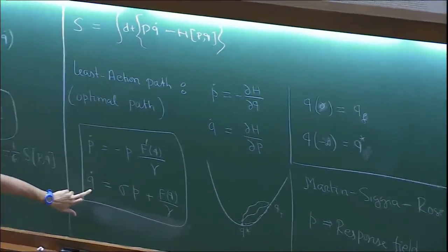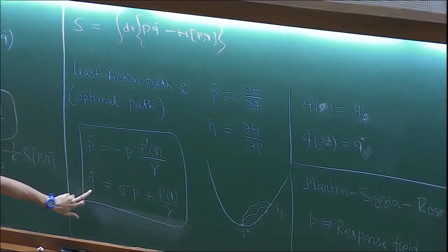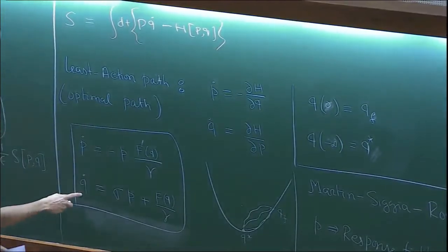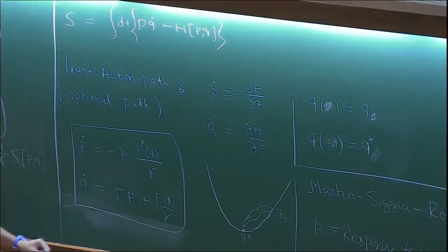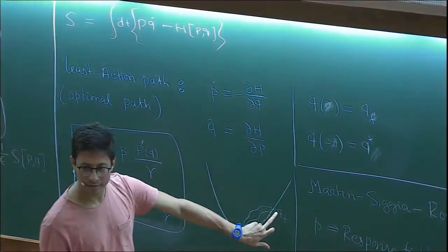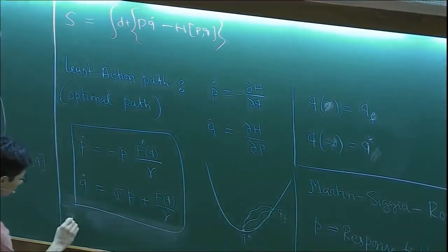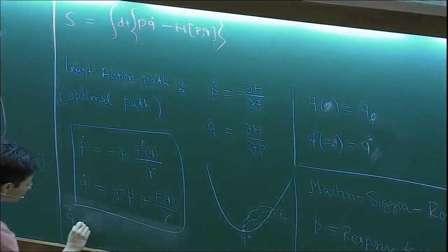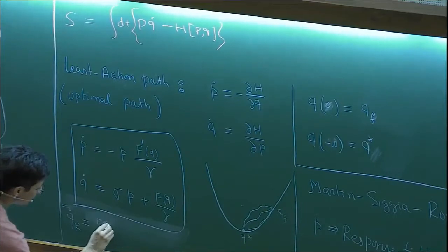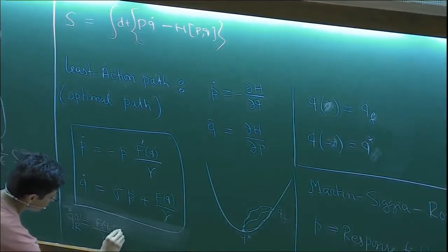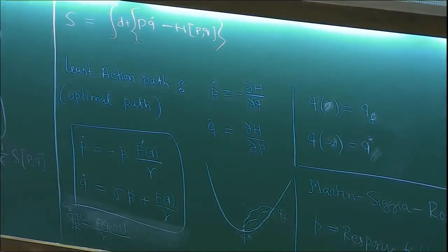It's because I told you that there is a time reversal symmetry in equilibrium. So this path has to be exactly the same as the system would have taken if I started here and went back. Okay. So for the time reversed path, if I write q_R dot, it would have been f(q) by gamma, the time reversed path. Okay.